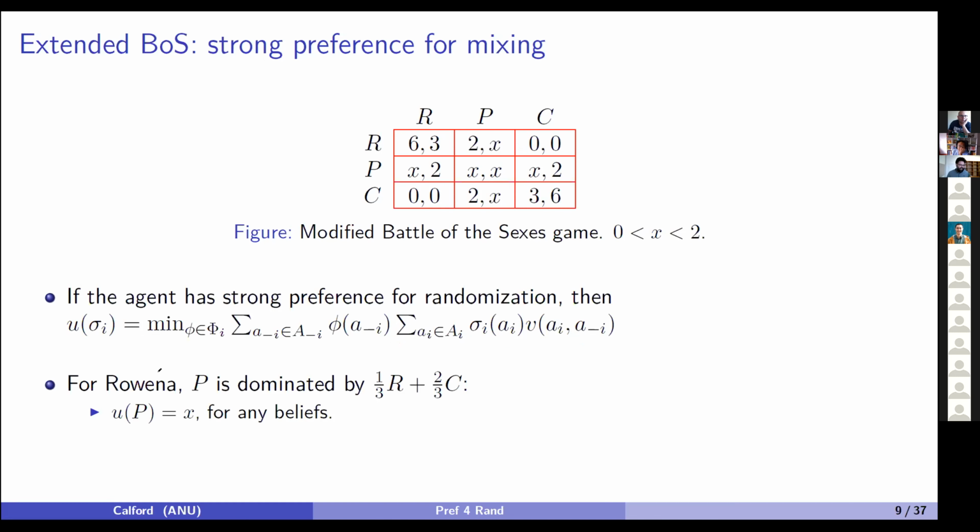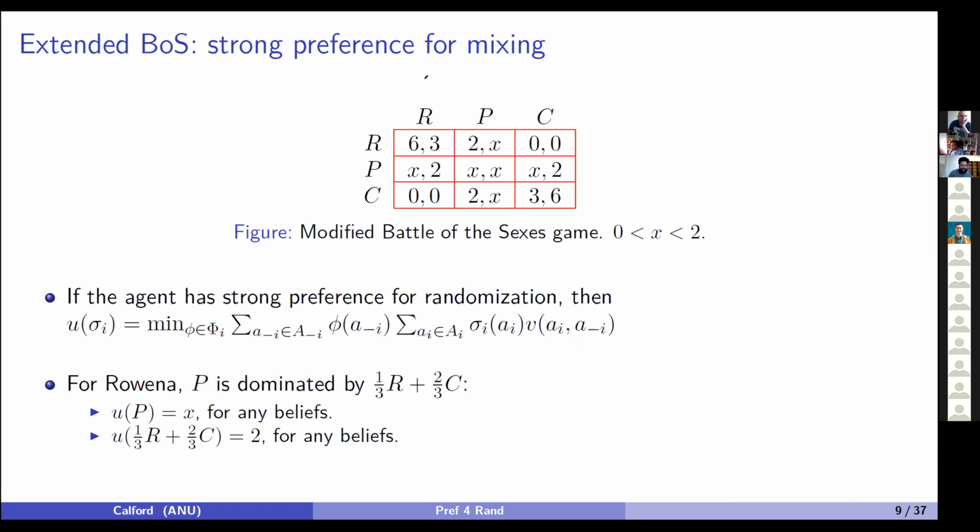In this case, the strategy P is going to be dominated by this mix of 1/3 R plus 2/3 C. The reason for this is, if I play P, that gives X for any possible beliefs. If I play this mixed strategy, that's going to give me a utility of 2 for any possible beliefs.